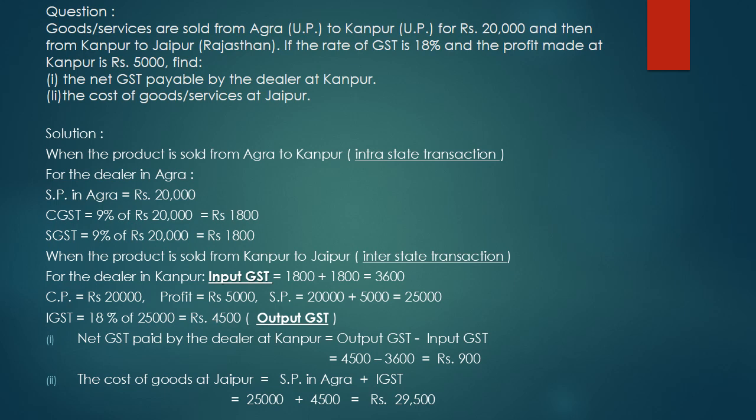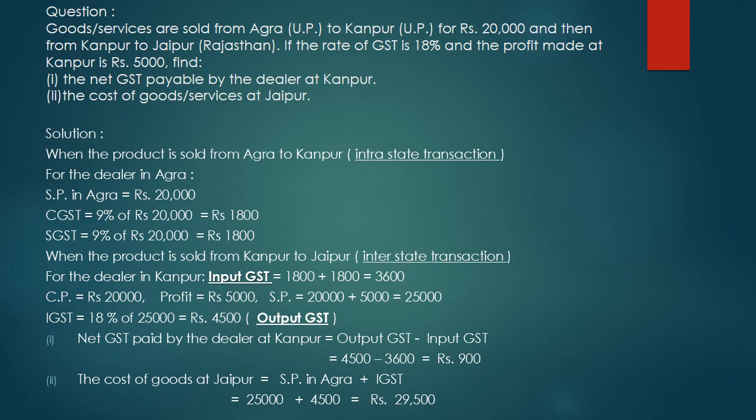One is CGST and the other is SGST. CGST is a tax which will be given to the central government and SGST is a tax which will be given to the state government. So the given rate percent of GST will be divided in two parts, one for CGST and the other for SGST.